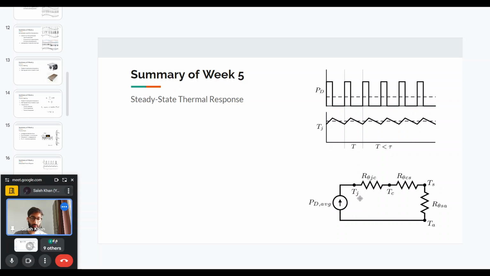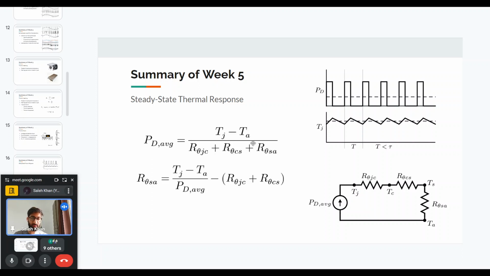So now we can use this expression to find either the temperature or the thermal resistance. As I said, the power dissipation is analogous to the current, and the temperature change is analogous to the voltage difference potential.